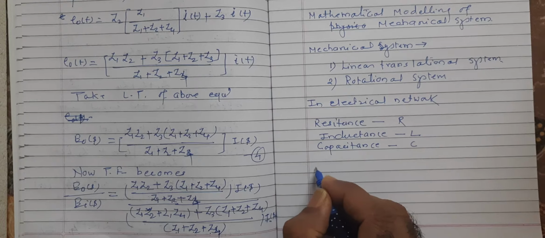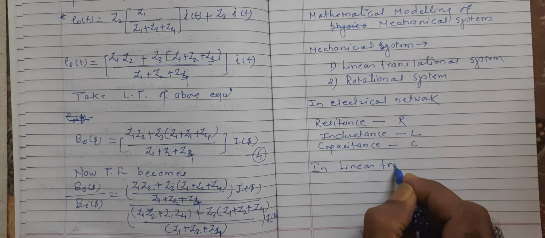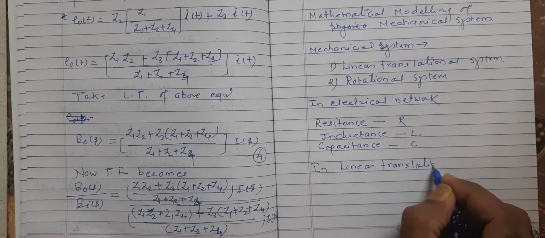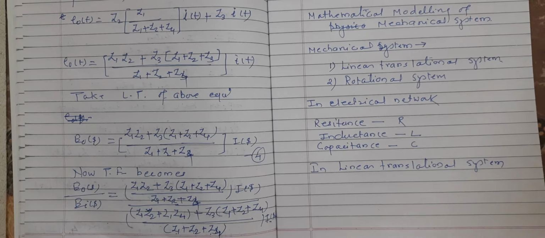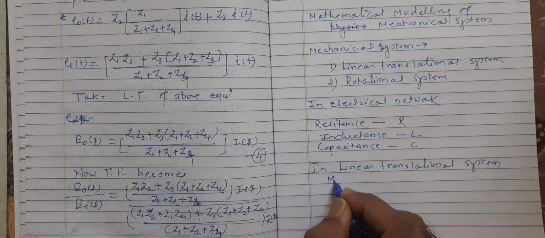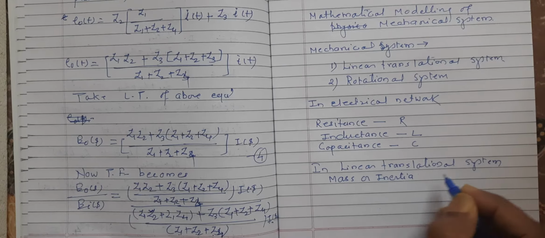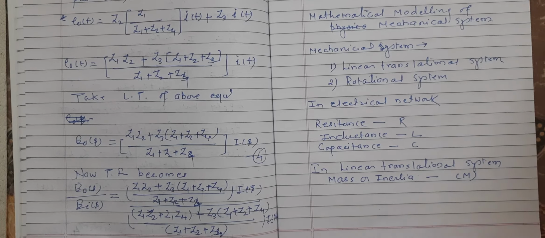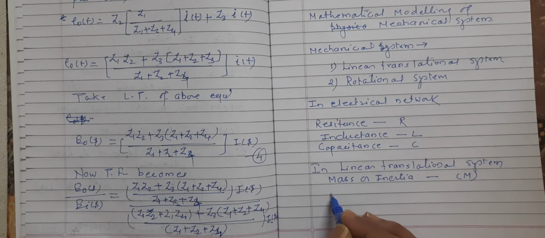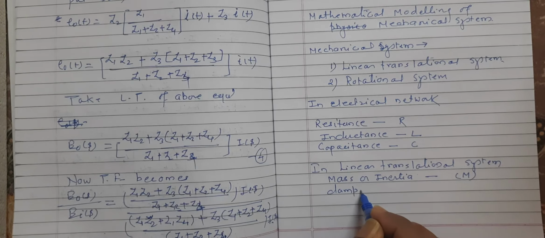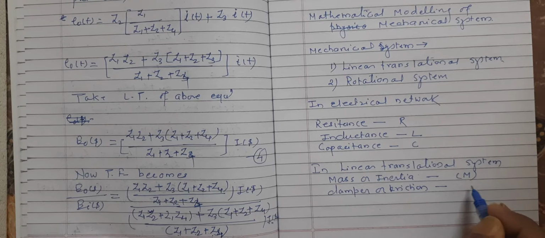Similarly, in the linear translational system, there is mass or inertia, denoted by M. Then damper or friction, denoted by f.